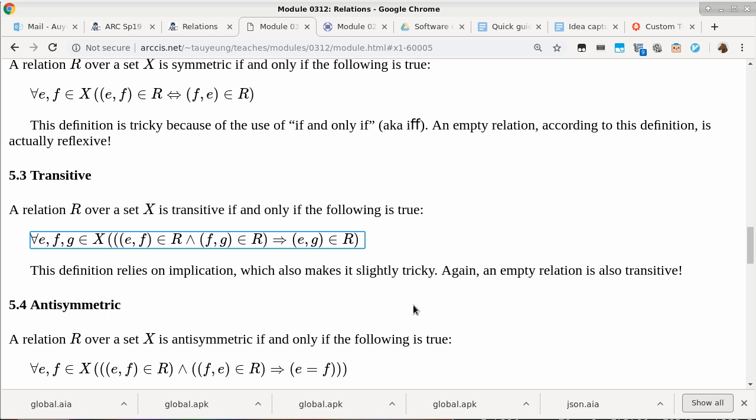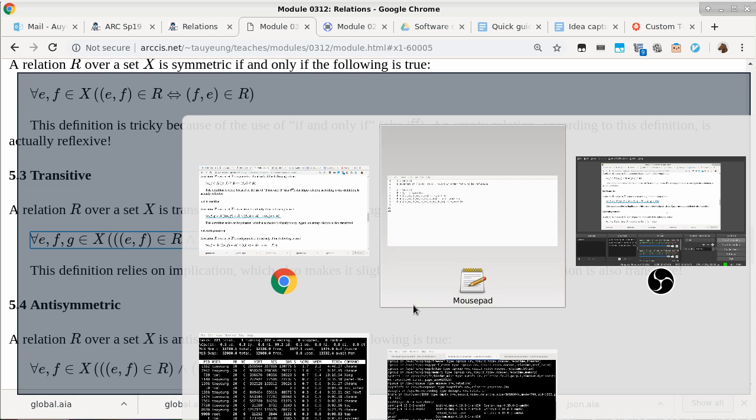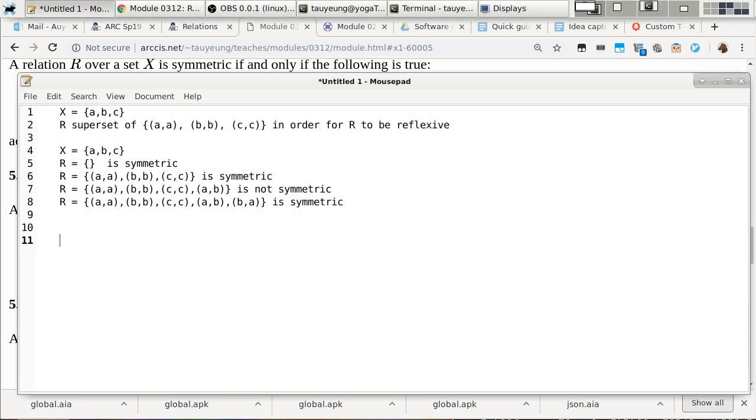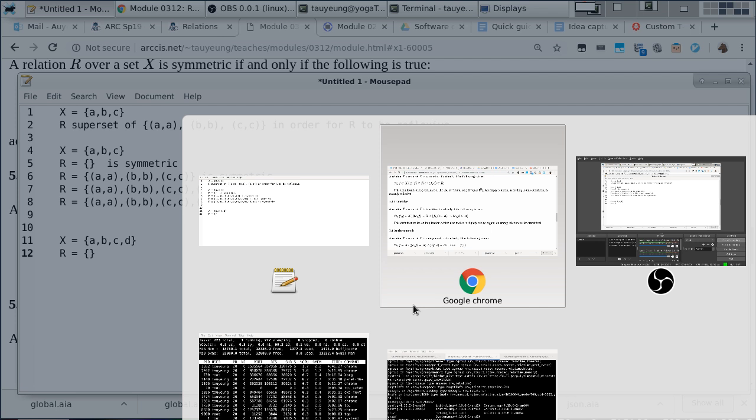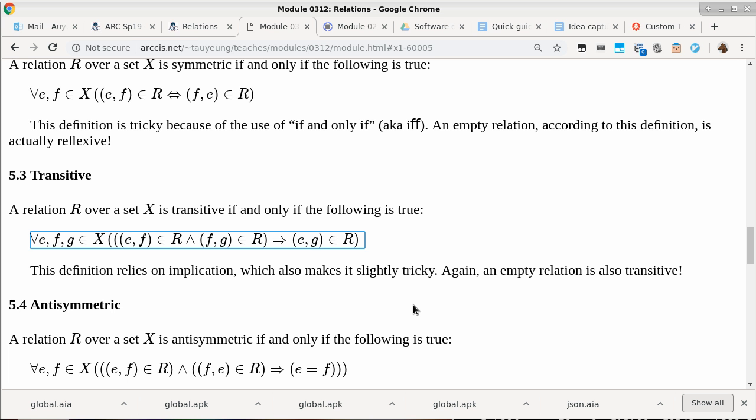So given this, let's check out what is transitive and what is not transitive as an example. This time I'm going to choose something a little bit more complex. I have 4 elements in X. And in R, we will start with the empty relation. So is this R transitive? It's empty. And why is it transitive? Well, let's go back to look at the condition here. I basically have to say, regardless of how I choose values for E, F, and G, the implication still has to be true.